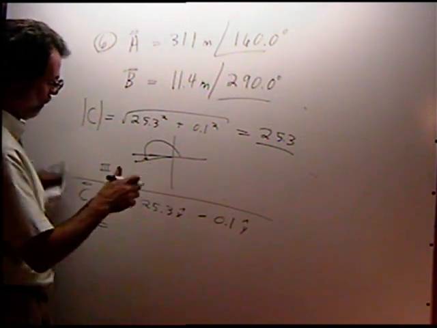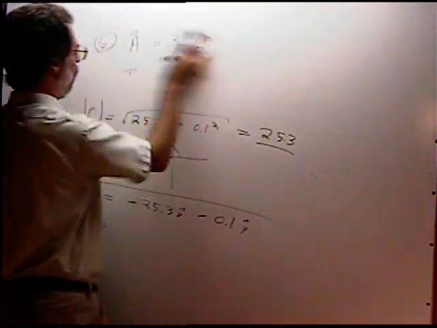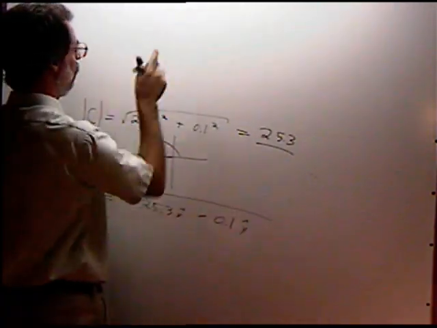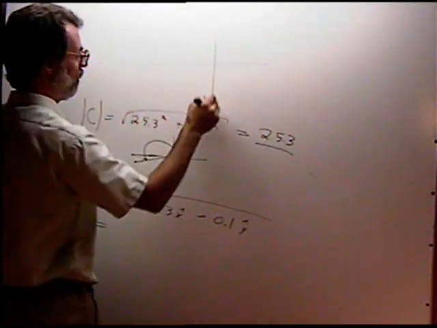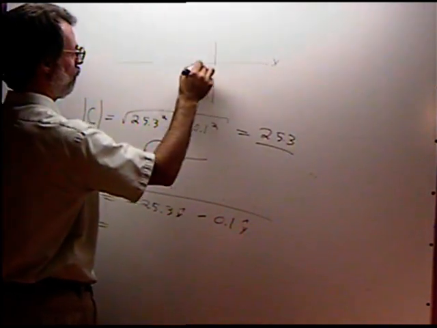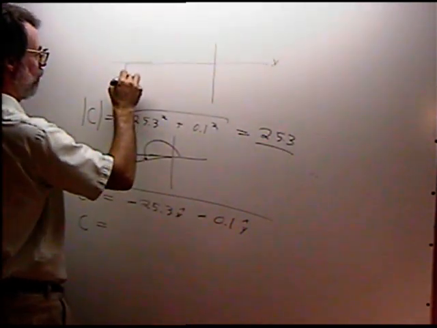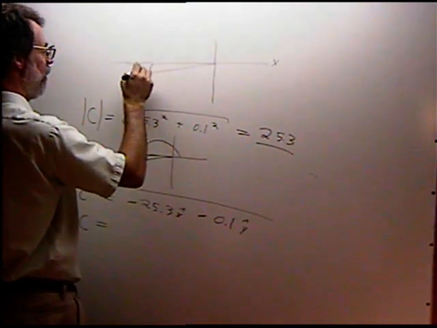What I'm going to do is blow this up a little bit more, just so you can see this. We have an angle like this. Here's the x, coming way out here, and then a little bit over here. So I want this angle here.